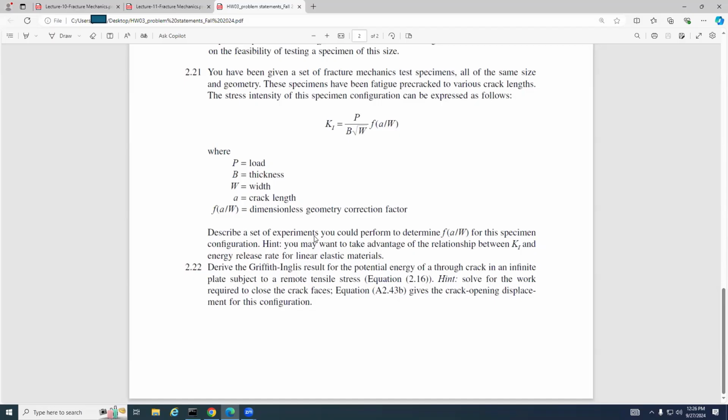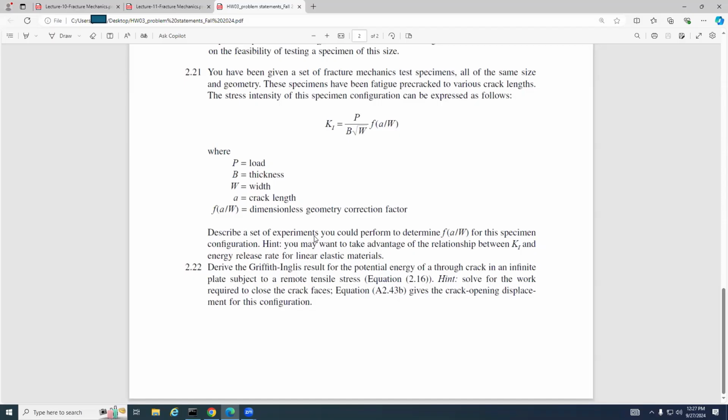The displacement, we can have the crack opening displacement. The displacement equals 2u_y, okay? And 2u_y equals 4 sigma over Young's modulus times the square root of a squared minus x squared.